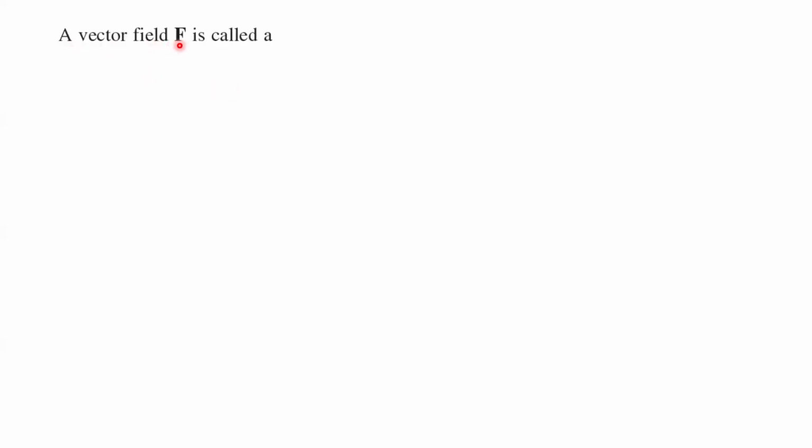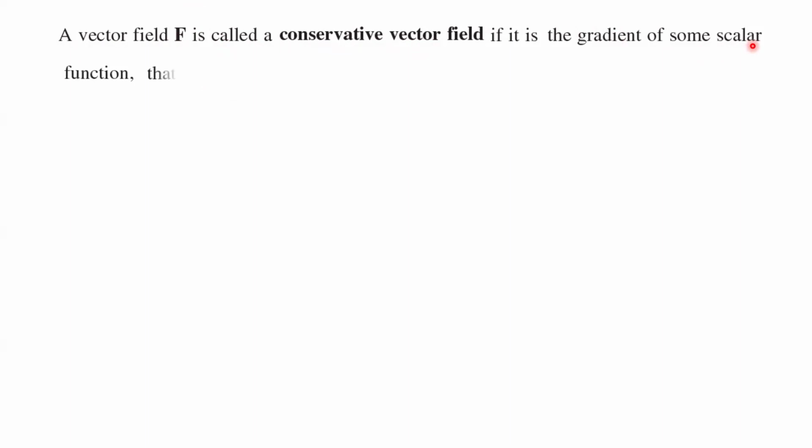A vector field like F is called a conservative vector field if it is the gradient of some scalar function. That is, there exists a scalar function like f, such that this vector function, or vector field with capital F, is the gradient of f.